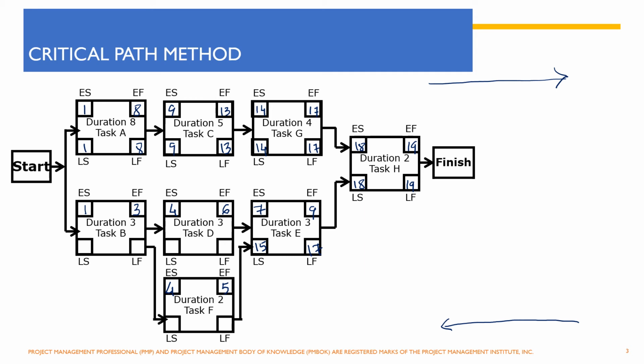So both activity D and activity F must have been completed on 14th. And in order for activity D to complete on 14th, it must have been started on 12 because it requires 3 days. And since this required 2 days, it must have been started on 13th.